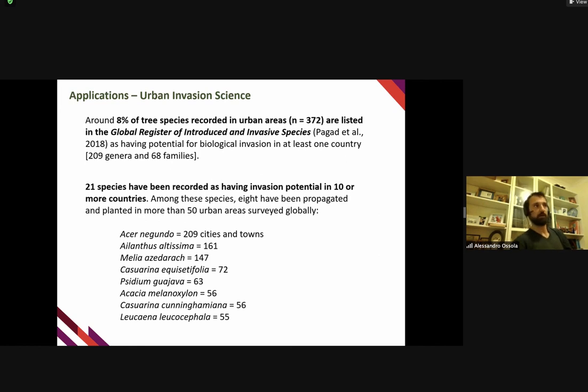So these are pretty common species that are very well known to be problematic somewhere. So now the question is to what extent we can limit some of these species and their reproduction. Some of these species are listed as weeds, and depending on which level of government in which country, some are already excluded from potentially being propagated.